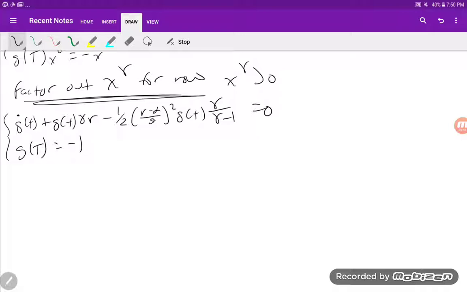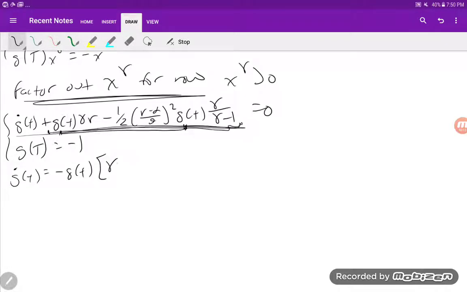Yeah, so the first equation here, we can move this part over, so this yields the differential equation g dot t equals negative g t, and then I'm going to factor out the g t from both of these, so I can write all of the rest of that in brackets, minus 1/2.